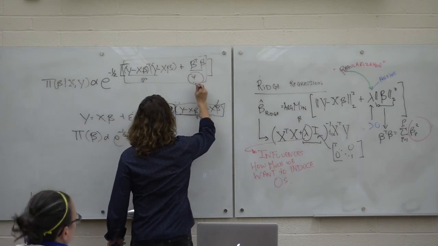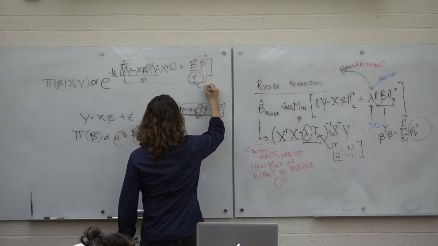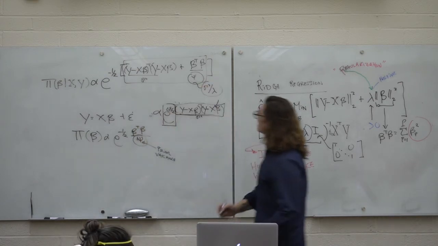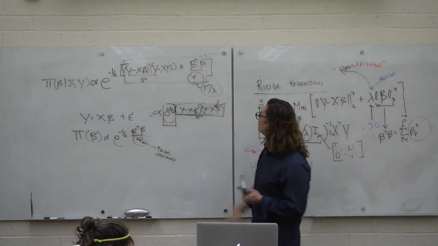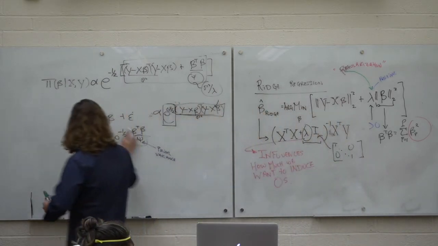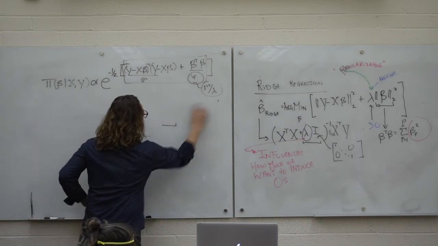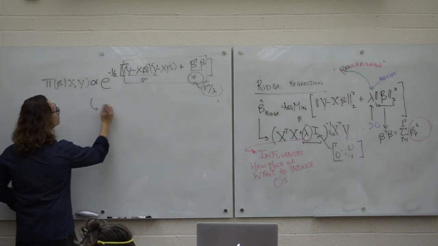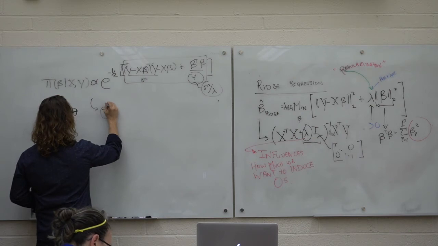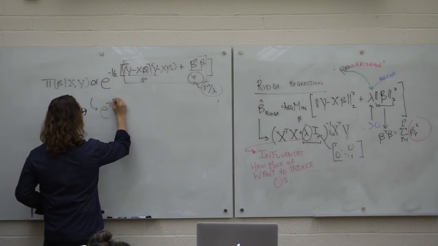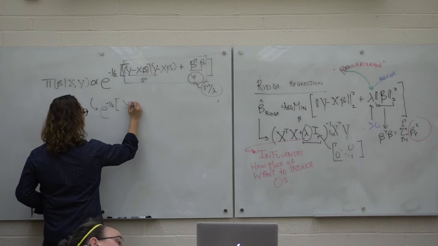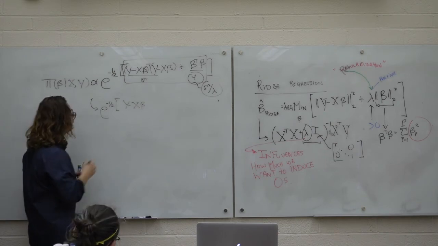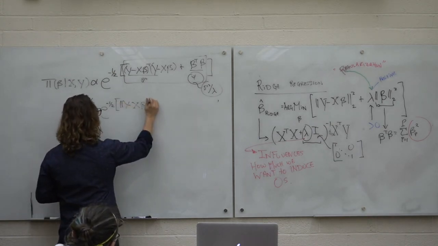So let's end up letting this be sigma squared over lambda. So if I plug that variance in as sigma squared over lambda, then I get something that's very similar to this formulation. So this is going to be e to the minus 1/2 y minus x beta. I'll write this down kind of like how I wrote it down before.